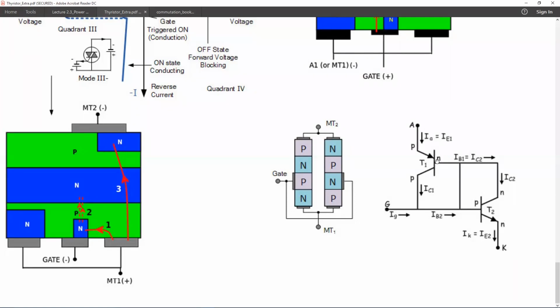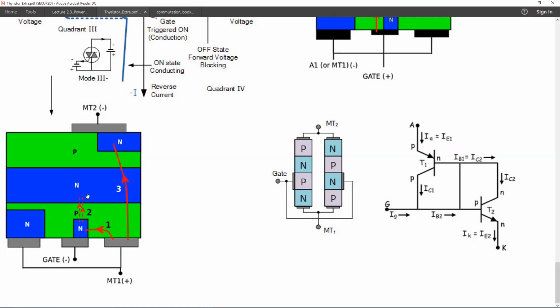So this N-type material is this region. If we provide electrons or majority carrier for this region, this will turn on the entire process.